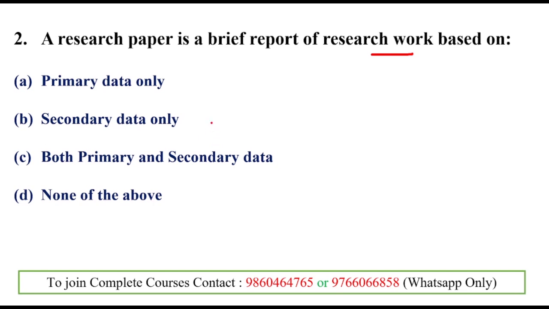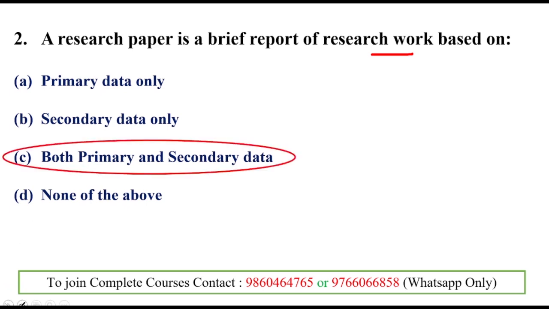So the research paper is a brief report of work based on both primary and secondary data. But in some cases, depending on the subject or the problem, primary only or secondary only is needed. Clear? So the answer is both primary and secondary data.